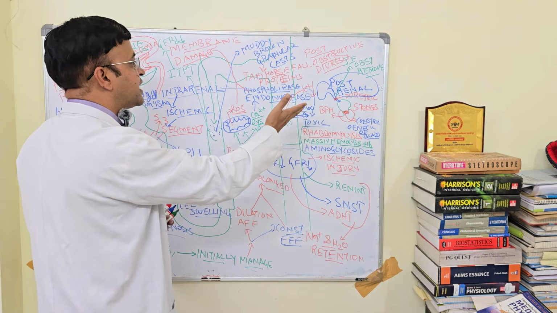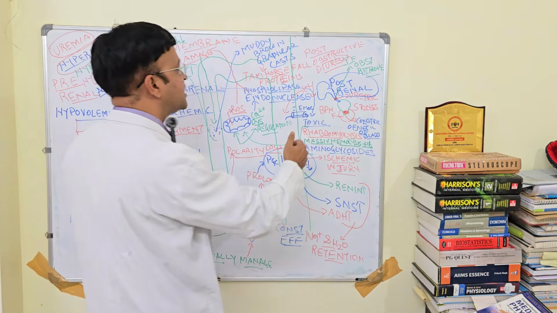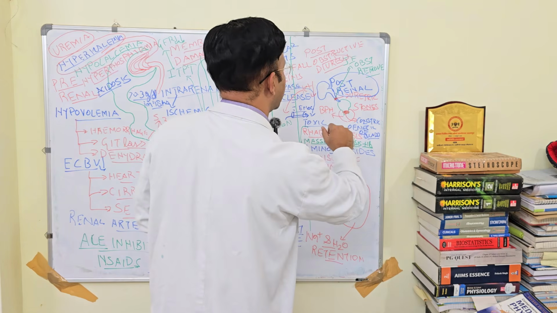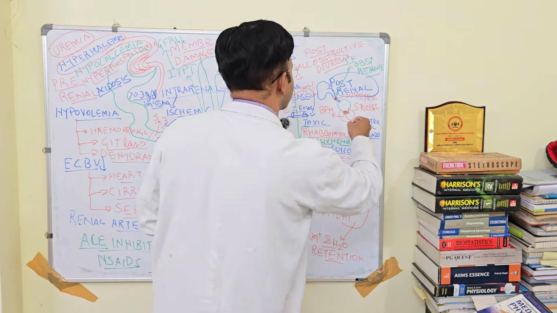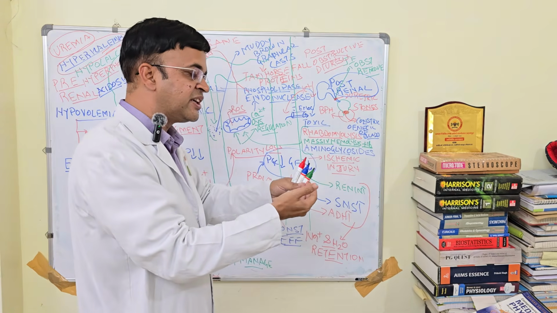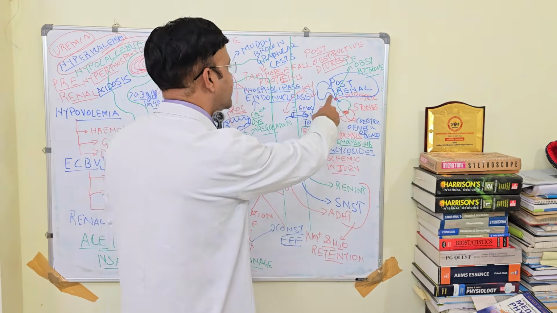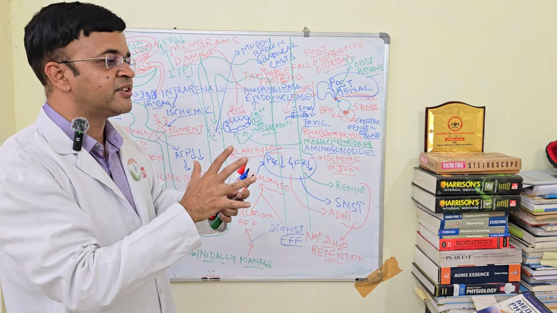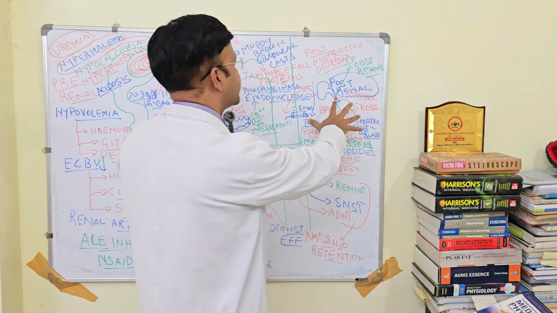post-renal acute kidney injury. In post-renal acute kidney injury, there are ureteric stones, benign prostatic hyperplasia, right, or constriction of the neck of the bladder. So this will increase the pressure inside your urinary tract, which will be transmitted to the kidneys, and this will further reduce your GFR, right?